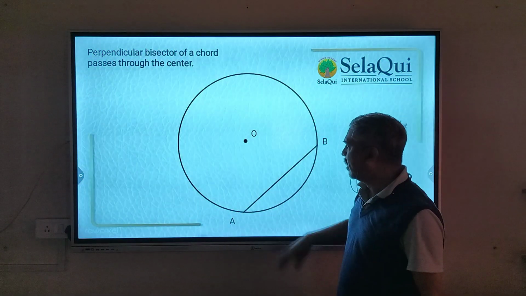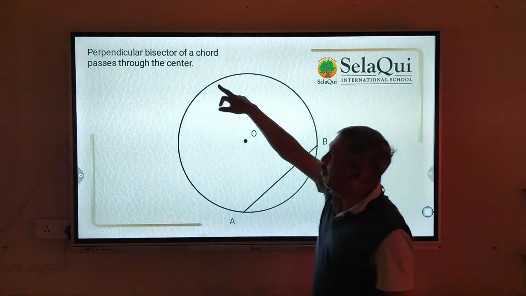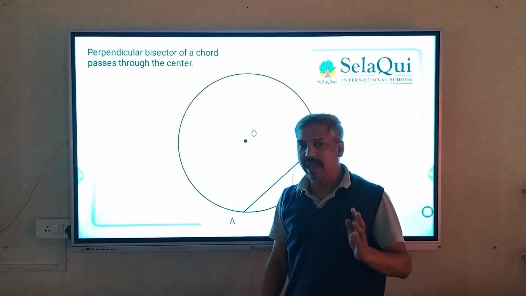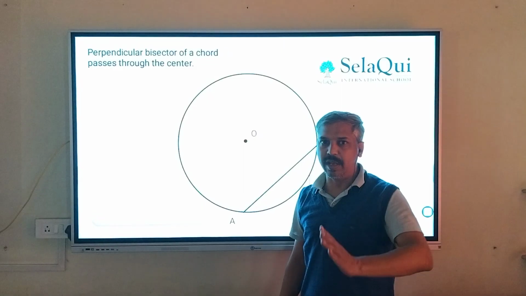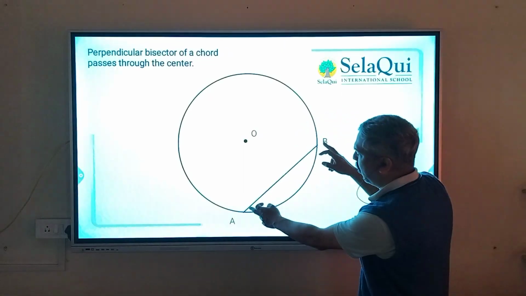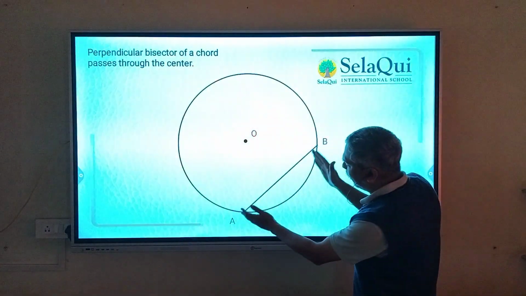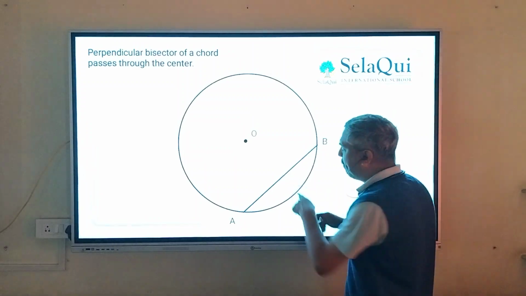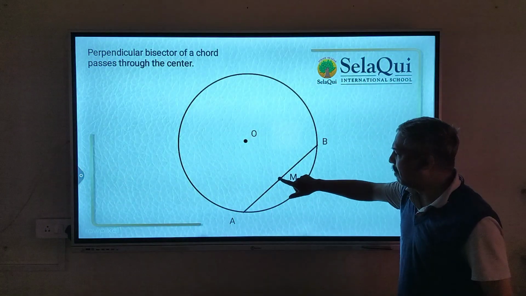This is a chord. And the midpoint, we are talking about the perpendicular bisector. So it is a perpendicular line and it is a bisector line. Bisector is the line that bisects the given chord. So to bisect, it has to pass through the midpoint of it. So I'll mark the midpoint of this. This is the midpoint.